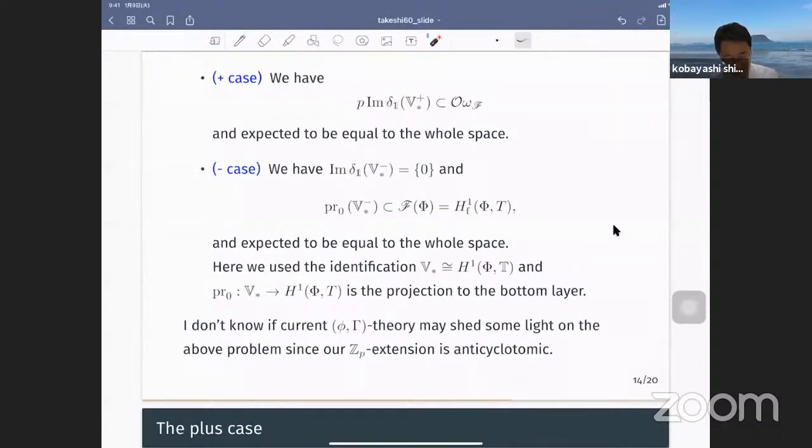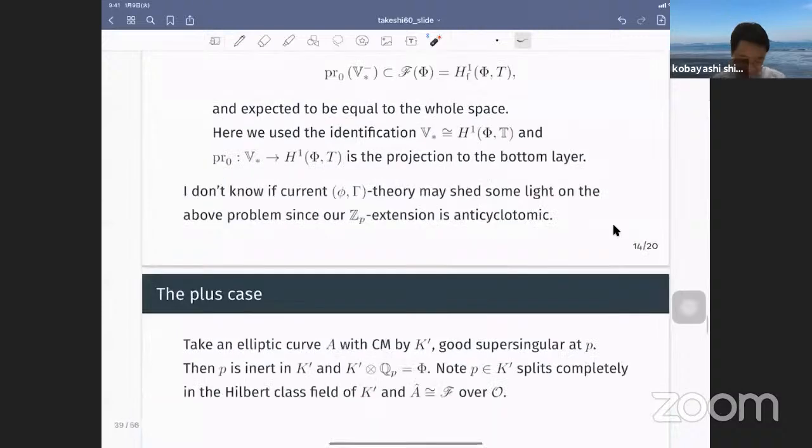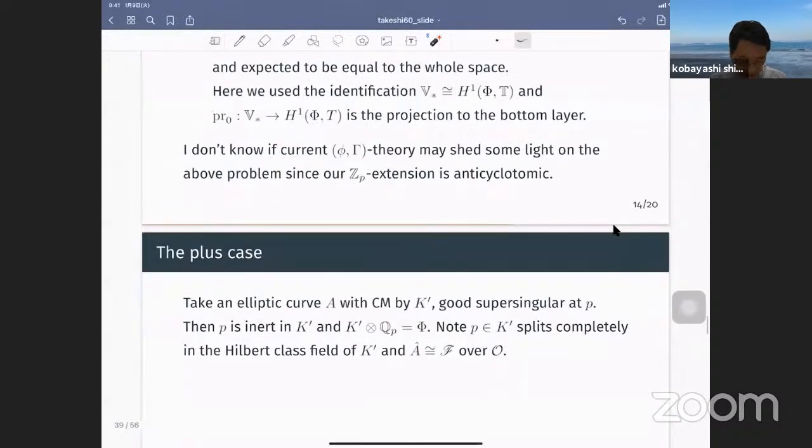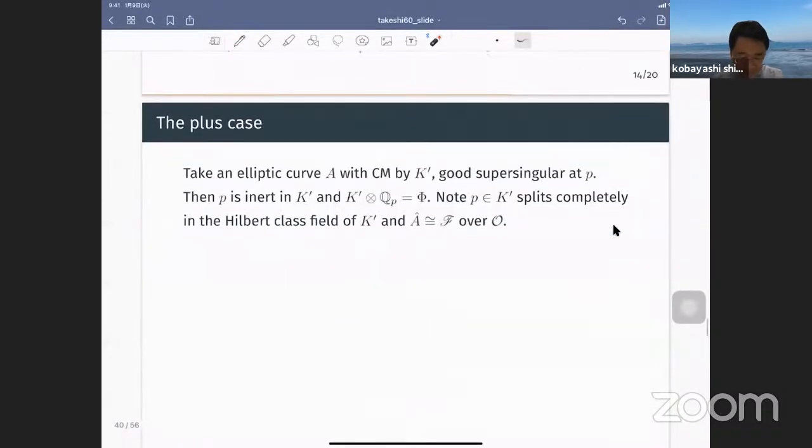Anyway, we could not use a sophisticated local theory. Of course, I tried, but okay. Anyway, we use some global methods. Now I explain the plus case.